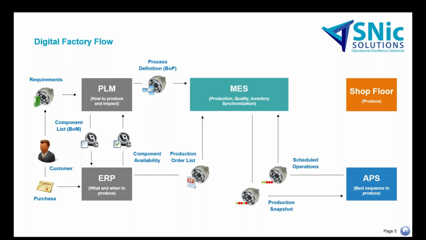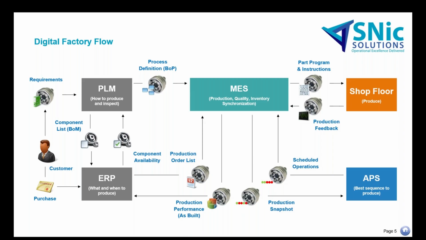And the scheduled operations with a specific start date and an end date is what is given back to the manufacturing execution system, which in turn releases part programs, instructions, the production orders that have to be executed on the shop floor. The shop floor in turn takes either data from sensors, from manual entries, from barcodes, and it gives the production feedback, which goes back into an MES system.